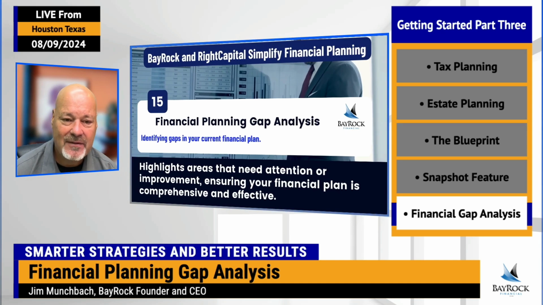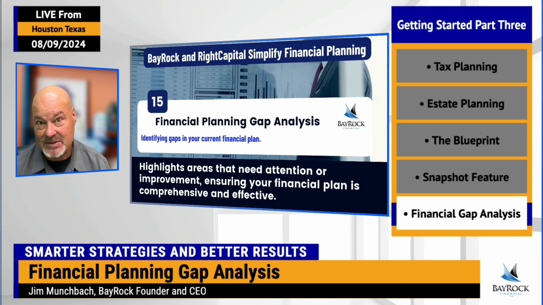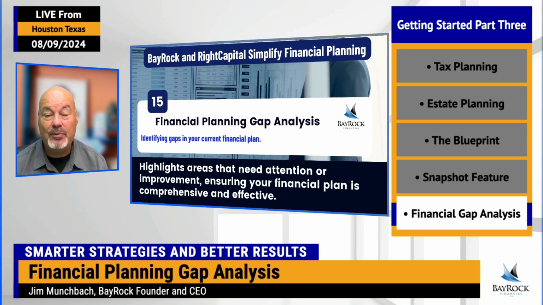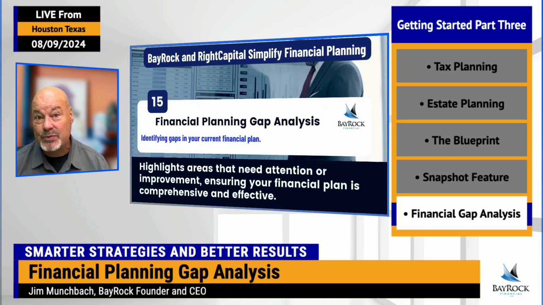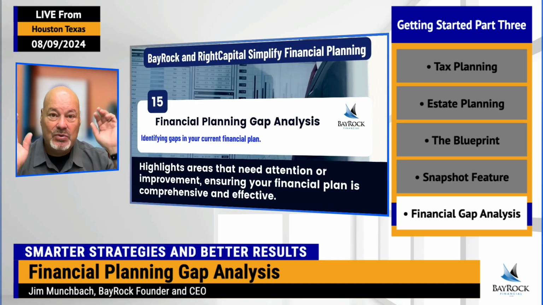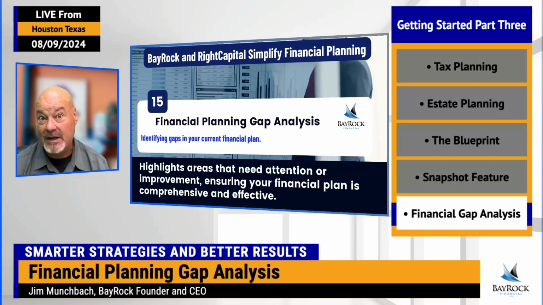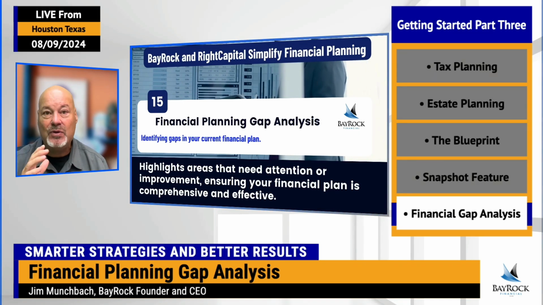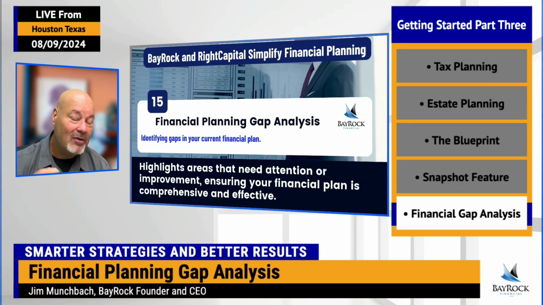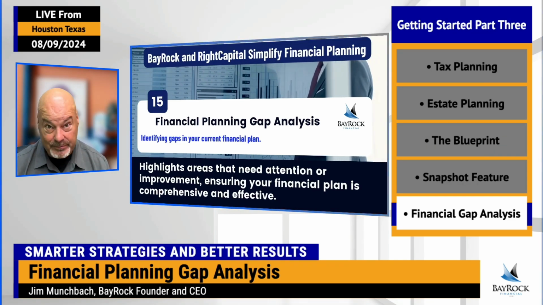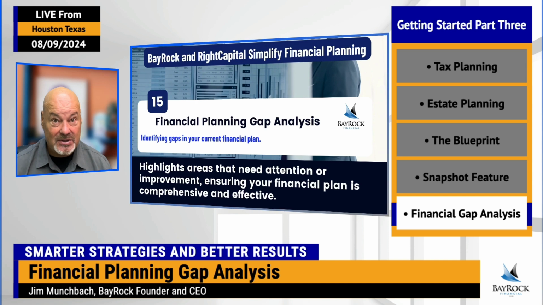Now I want to talk about the financial planning gap analysis. This is a part of our financial planning process, and it's something I talk about pretty regularly. It's really a great way to start your financial plan, the financial planning gap analysis. So if you happen to be a certified financial planner, you know that there are 7 essential elements of financial planning.